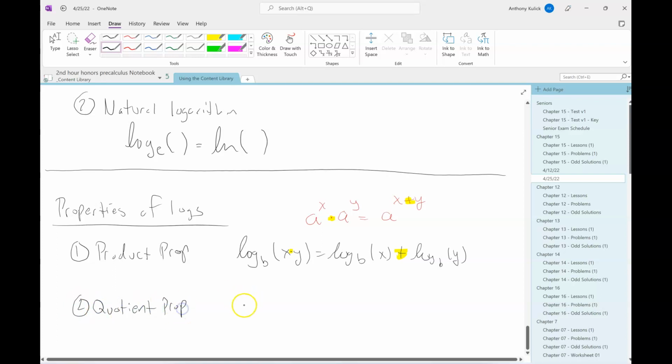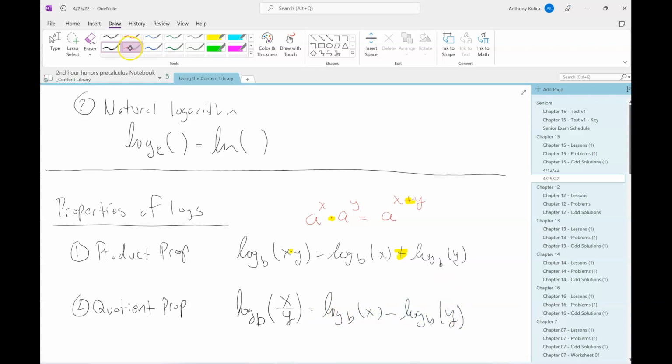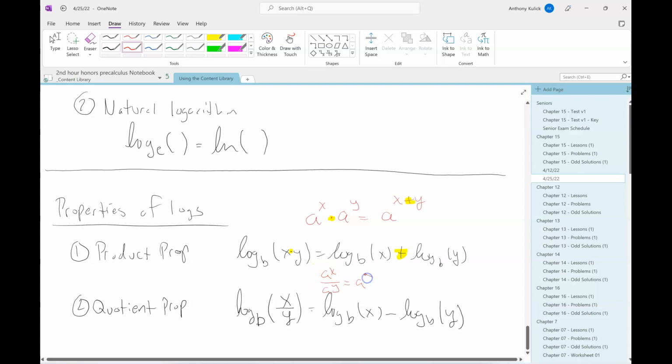The next one is the quotient property. So log base b of x over y is going to be the same as log base b of x minus log base b of y. Again, this is the same as the division property for exponents.